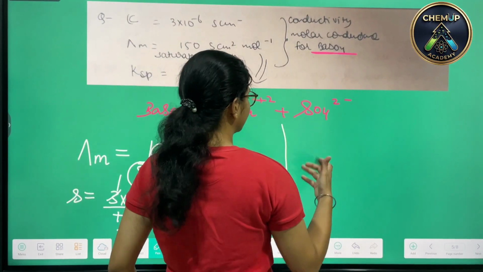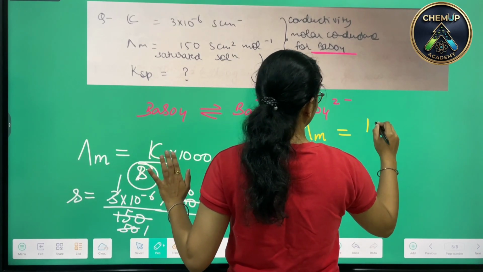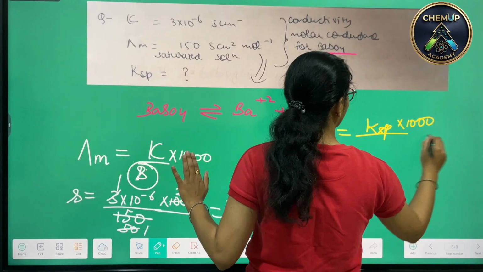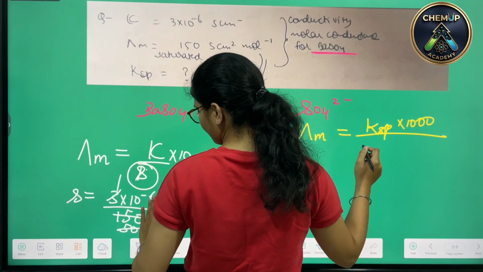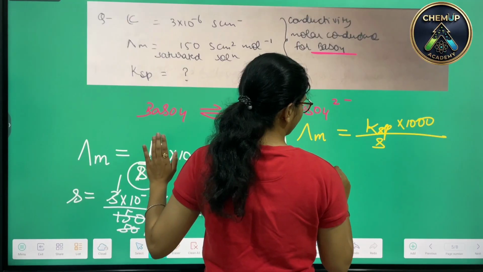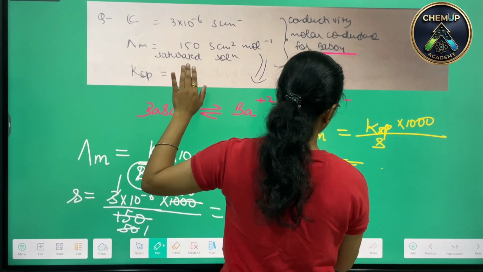In order to calculate the KSP, we have the formula. KSP has to be calculated.